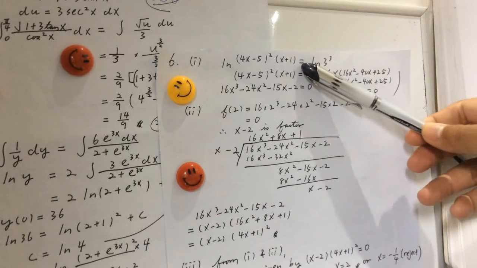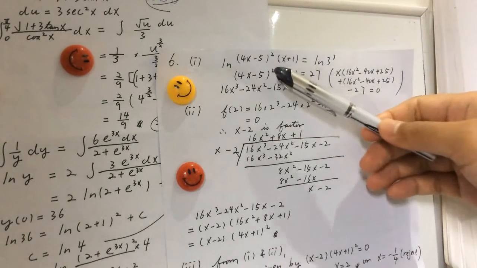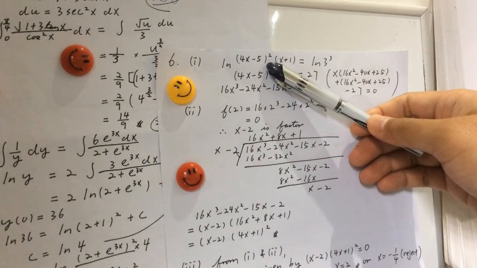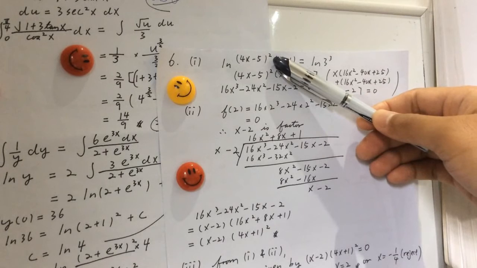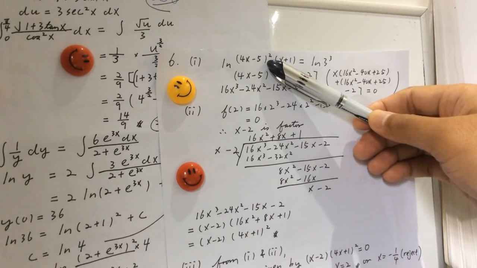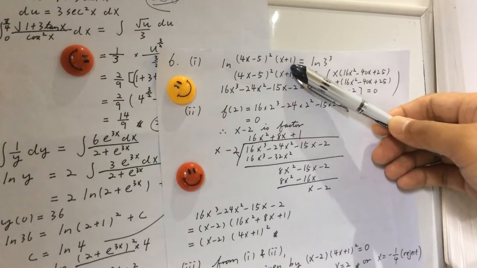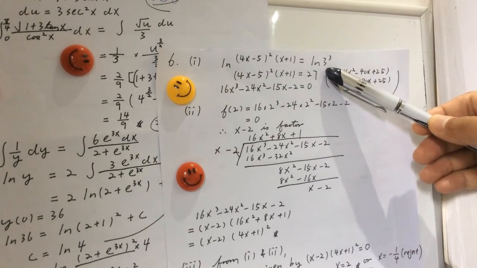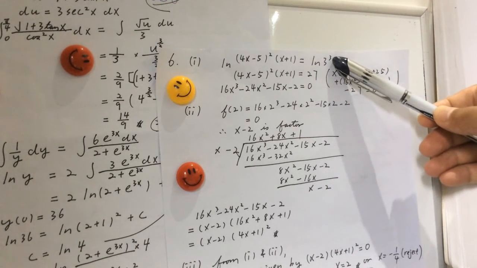By the basic properties of logarithm, as I said before, 2 can be rearranged as the power for the expression in the bracket. Then log A plus log B becomes log AB for the left-hand side. For the expression on the right-hand side, the number 3 can be rearranged as the power here.